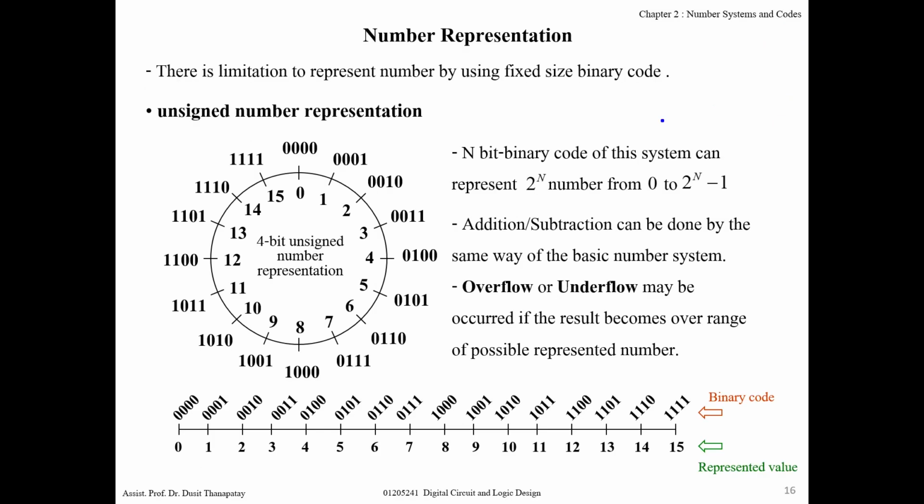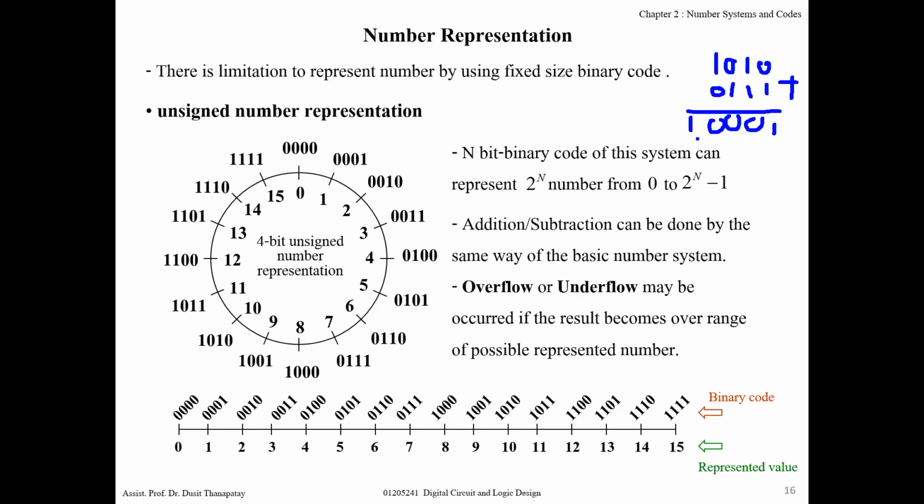Anyway, what happened if I do the addition between these numbers? For example, 1010 and 0111. If I do the addition, 1 here, 0 here, 0 here, 0 here, 1 here.